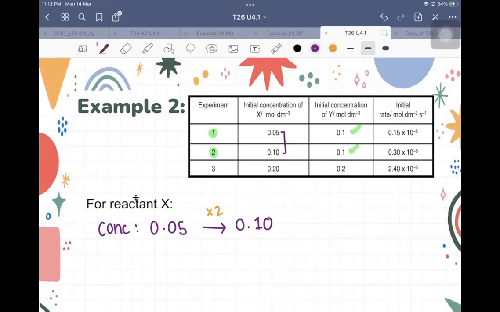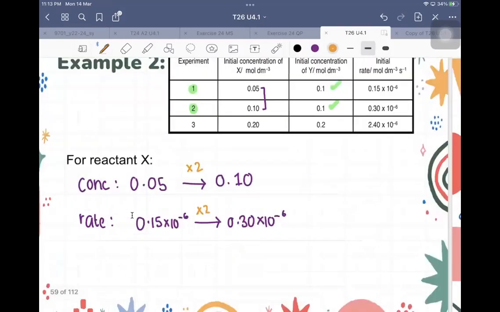And the rate goes from 0.15 times 10 to the power of minus 6 to 0.30 times 10 to the power of minus 6. So again, you take the bigger number, divide by the smaller number, and that is an increase of 2 as well. So you can see that as the concentration increases, the rate increases by the same factor. So we can say that X is first order.